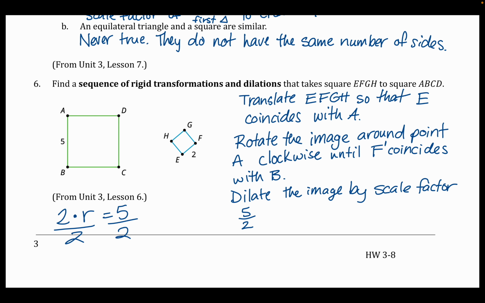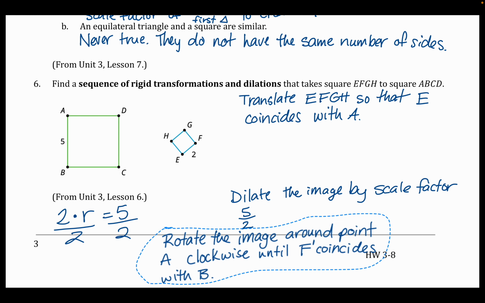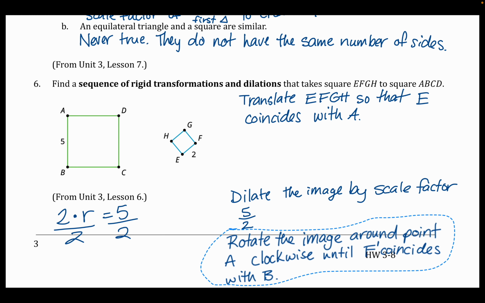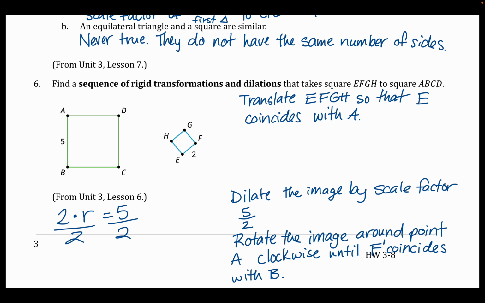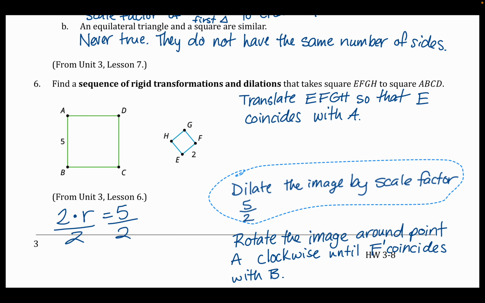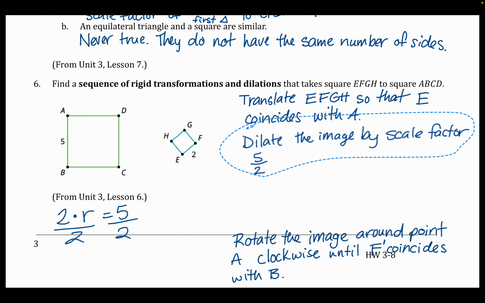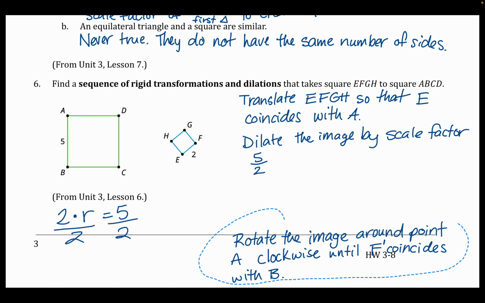I should do my dilation first, so I'm going to switch some things around because I will not have it coincide with B. I'm sorry, I made a mistake here. We're going to rotate the image afterwards. I need to dilate it first because otherwise F is going to be way too short. So I have to change the order of these.